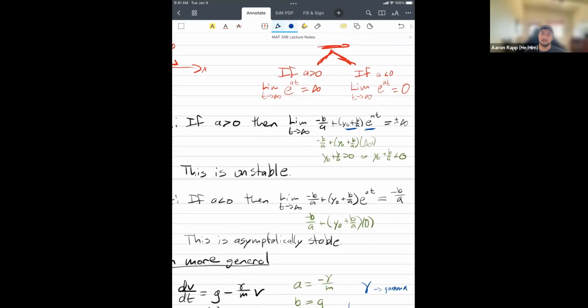if A is less than 0, because then this exponential term is going towards 0. And then when I combine those coefficients in the right way, it's going to end up being negative b over a. Why do I have 0 there?